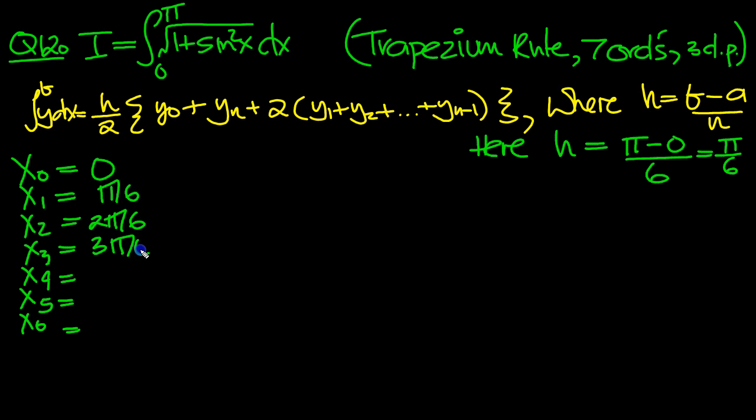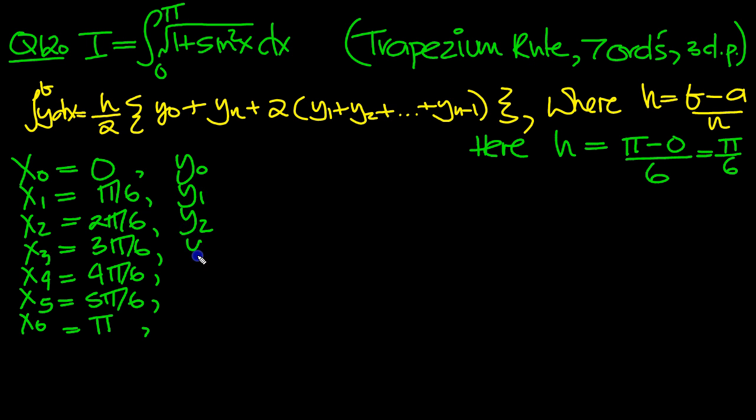So we can write them all down: 5 pi over 6, and the last one will be pi. Then we need the f of x, the y values, the ordinate values, don't we? So y naught, y1, y2, y3, y4, y5 and y6. So let's just work out those.